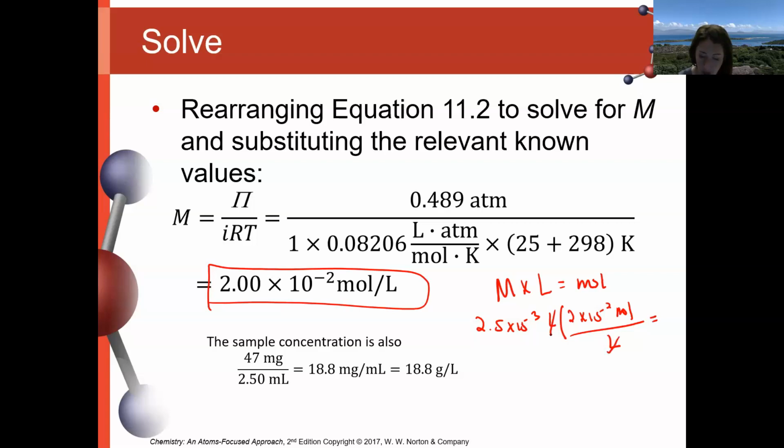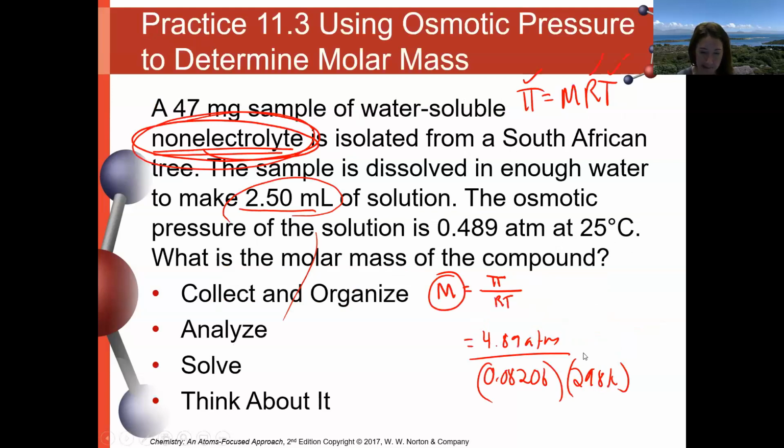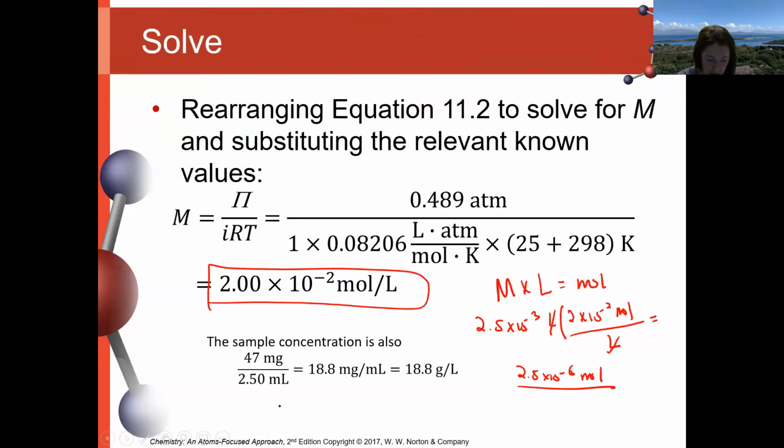This is going to give us our moles, which ends up being 2.5 times 10 to the negative 6 moles. Over our grams, which I don't remember what they are, so I have to go back. 47 milligrams, 47 times 10 to the negative 6 grams.